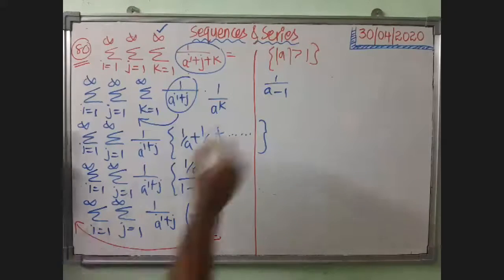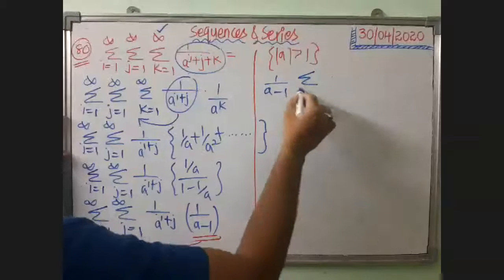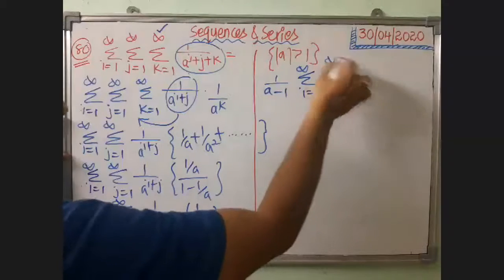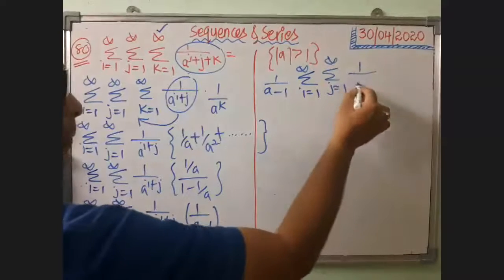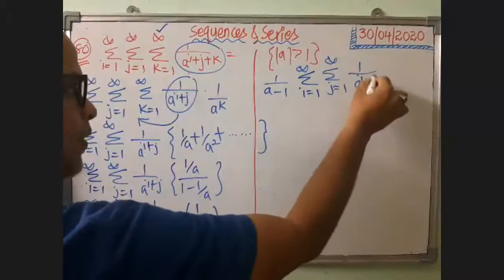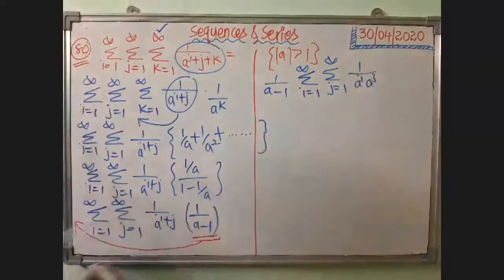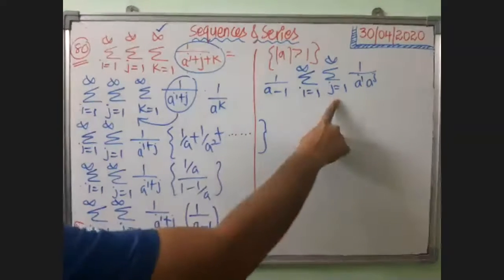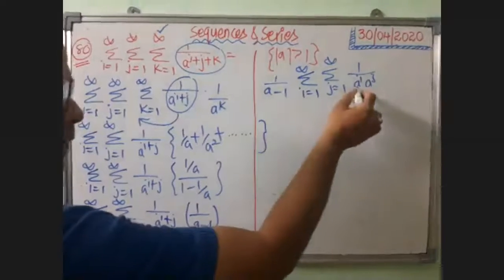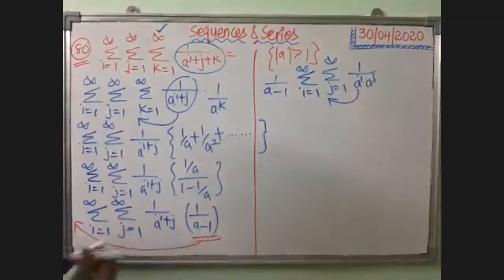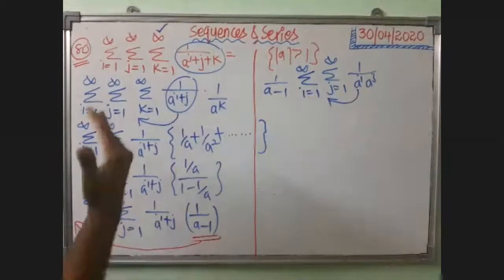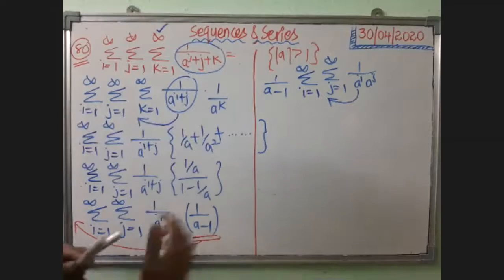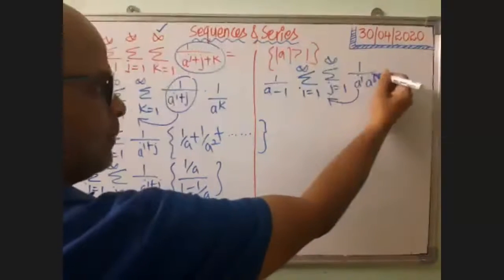So this will become sigma i equal to 1 to infinity, sigma j equal to 1 to infinity, 1 by a power of i into a power of j. You know that since the rightmost sigma is j, this 1 by a power of i will be coming to the left side, as I have done here. So what will be remaining is only 1 by a power of j.